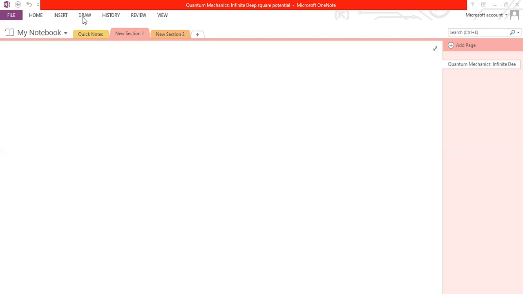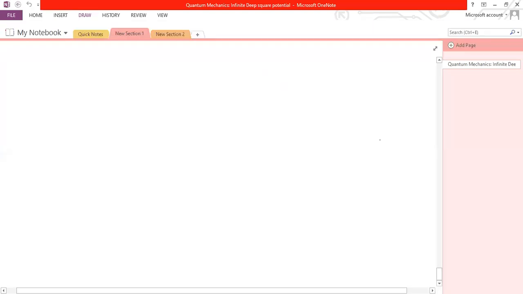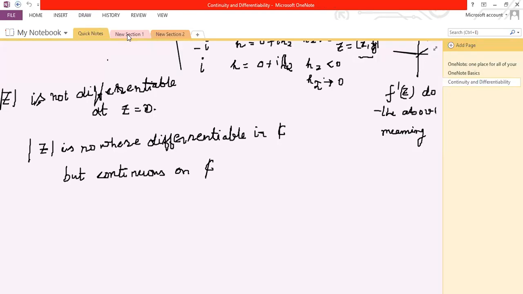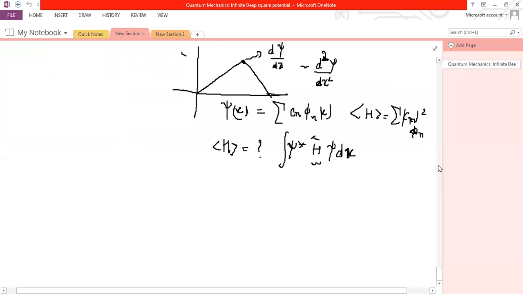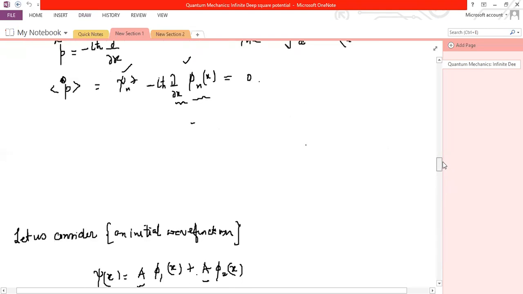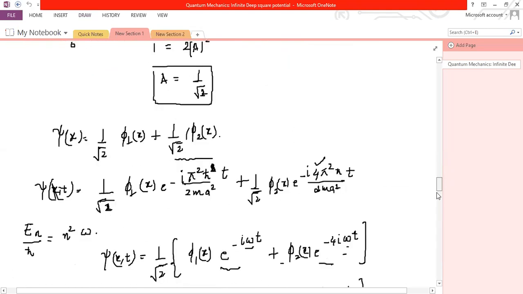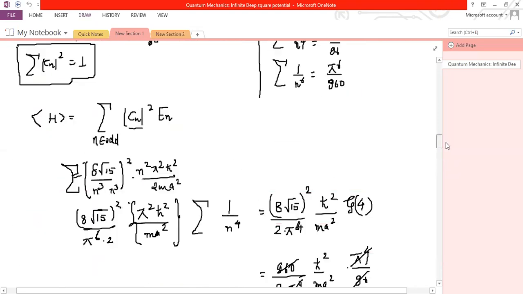So the last problem we were discussing was related to the infinite deep potential well, and today also we are going to continue with the same. We've already had a discussion over a problem where we wrote our initial wave function psi(x) as A x (a minus x).